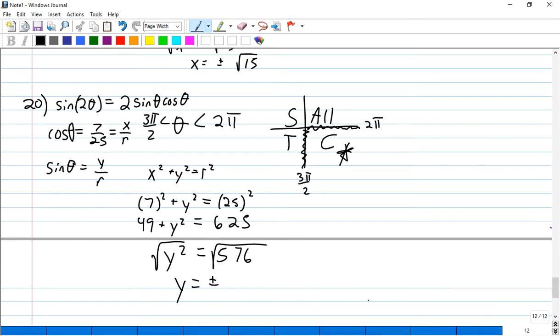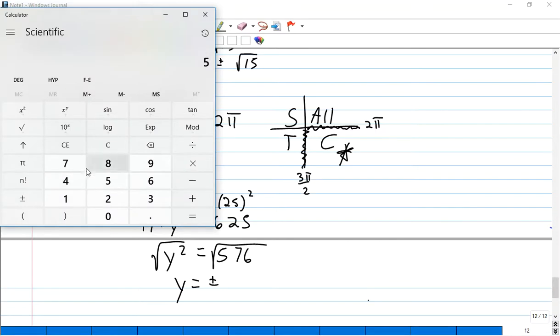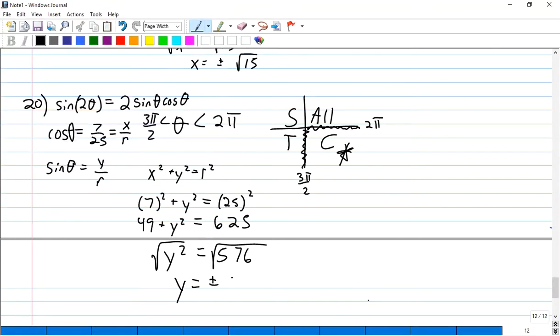Let's see. 576, square root 24. But since I'm in the fourth quadrant, the y is negative. So y equals negative 24. So that tells me that sine is going to be negative 24 over 25.